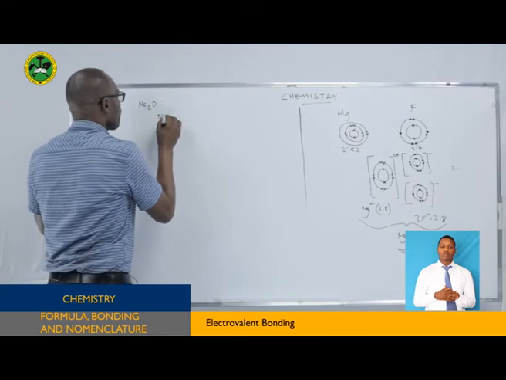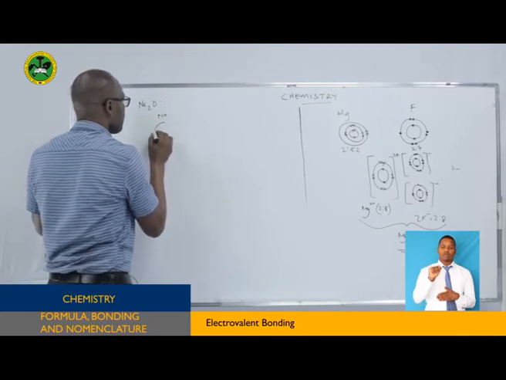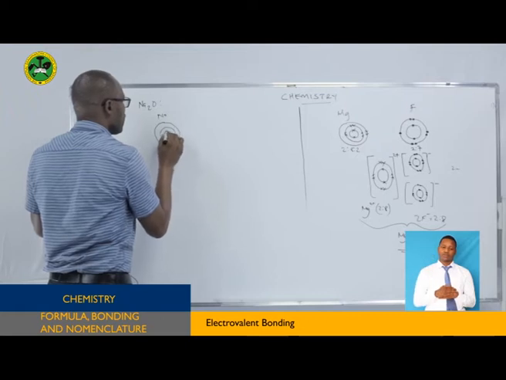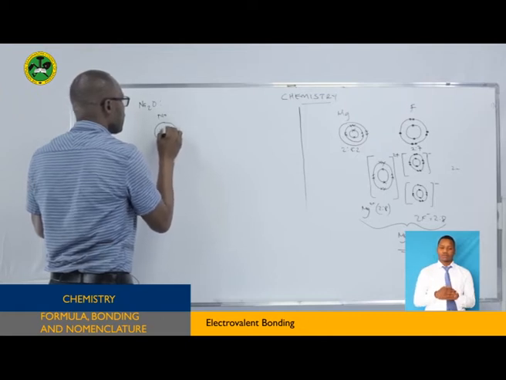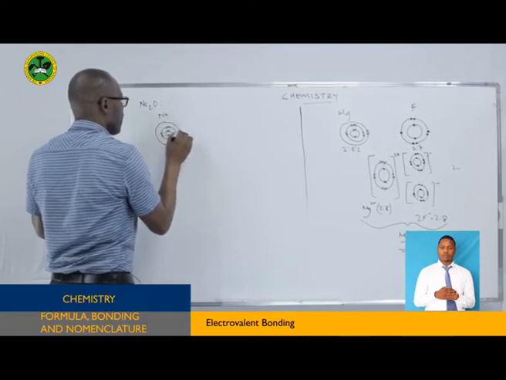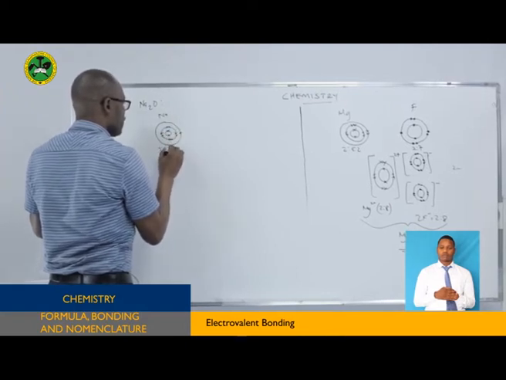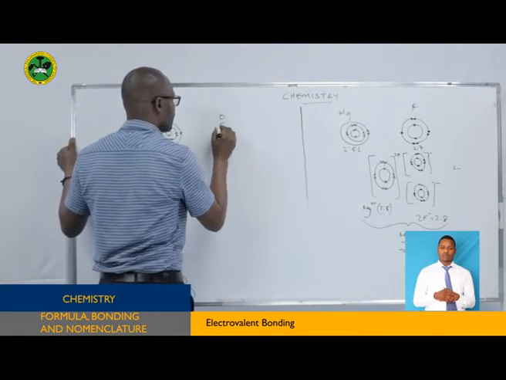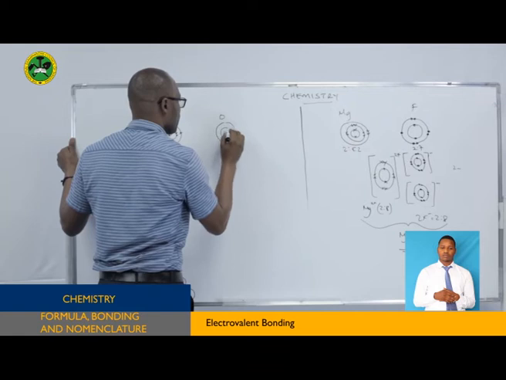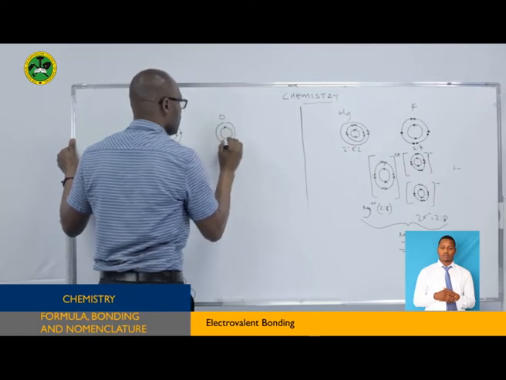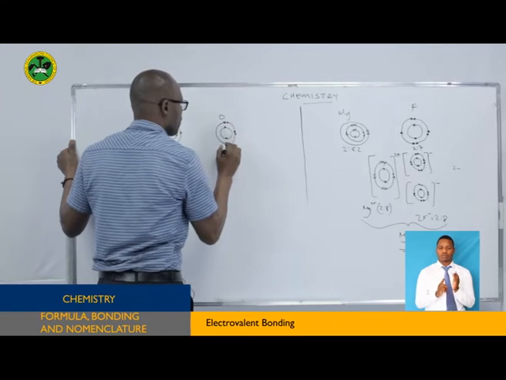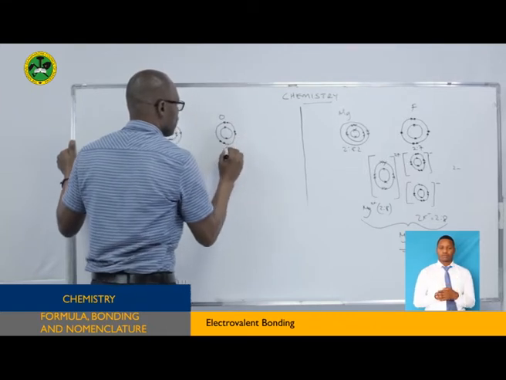So sodium, we have 2, 8, 1, and oxygen will have 2, 6.